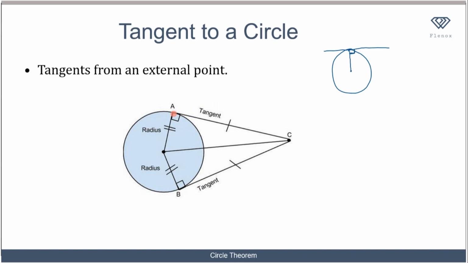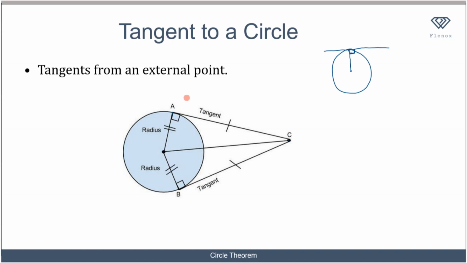So the angle between the tangent and a straight line drawn from the center is equals to 90 degrees. So imagine I have two points on a circle A and B, and I draw two tangents to pass through those points, and they intersect at the point C now. So I draw from point C two lines to touch the circle. If I draw a line from the point at which they touch the circle to the center, you can see that that line represents my radius.